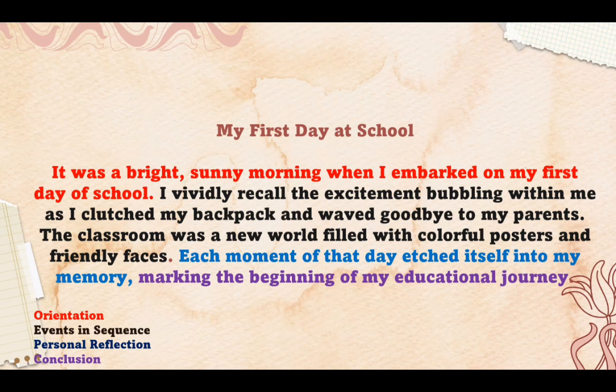This is the example of recount text. For the structure of this text, we have orientation in the red one, events in sequence in the black one, personal reflection in the blue one, and conclusion in the purple one.